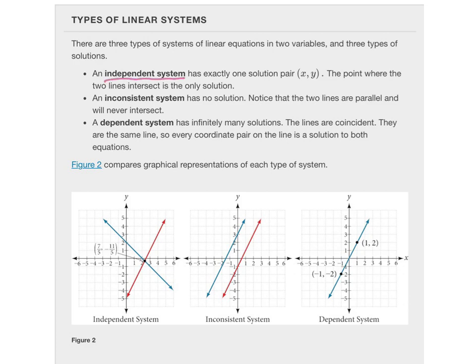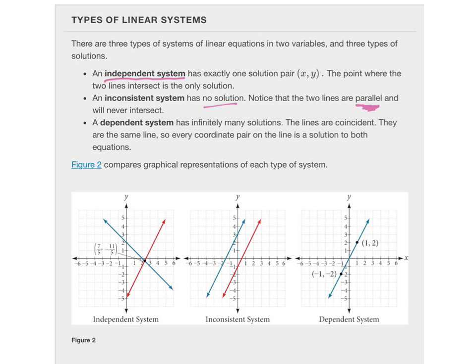That has exactly one intersection. You can find it, okay? That's going to look like the first picture. The second type of system is an inconsistent system. It has no solution. Why would it have no solution? Because they don't intersect. Why would they not intersect? Because they're parallel. The lines are parallel.